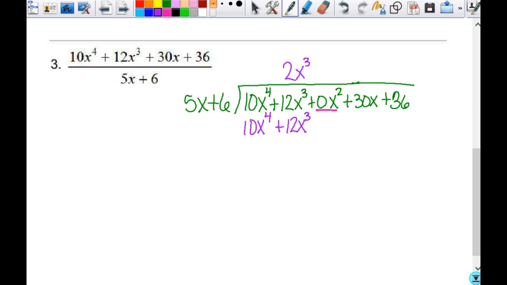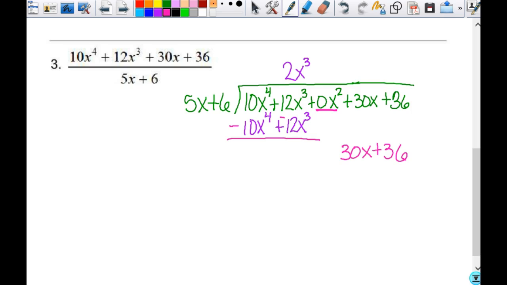So then, when I change my signs, what happens here? They both cancel out, right? So then I can bring this down. I don't necessarily even need this term, but you didn't know that going in, right? So when I bring that down, that's still a 0, so I got 30x plus 36.